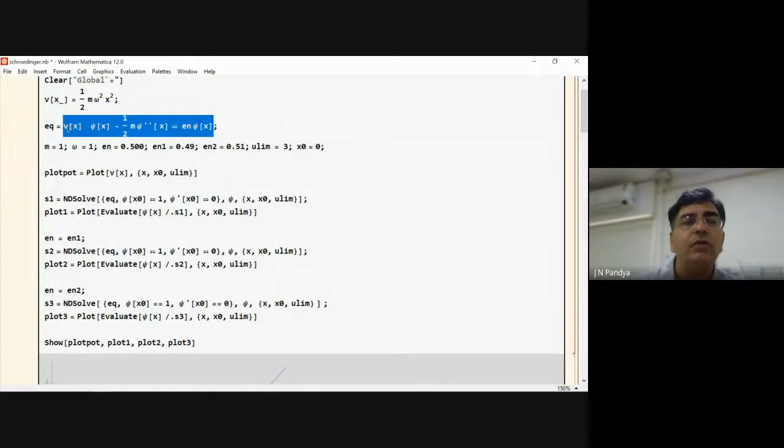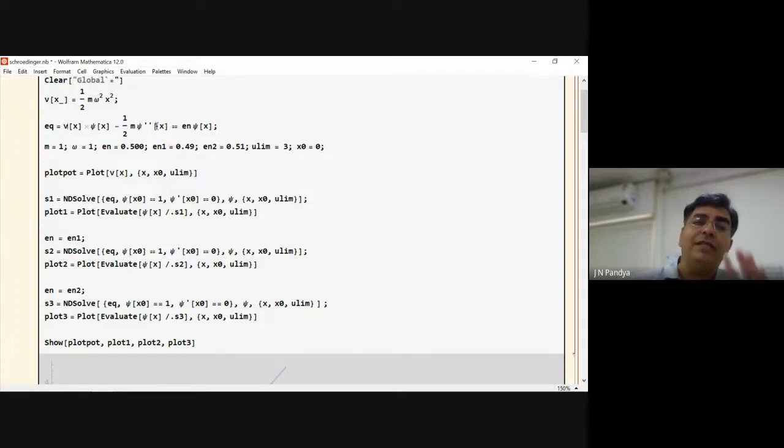So you have got psi x into Vx minus half m psi double prime x. In Mathematica, if you write psi double prime x, it literally takes it as the second order derivative of psi with respect to x. And then En is used here. That En we have chosen to be 0.5, and that En will be directly coming here straight away.